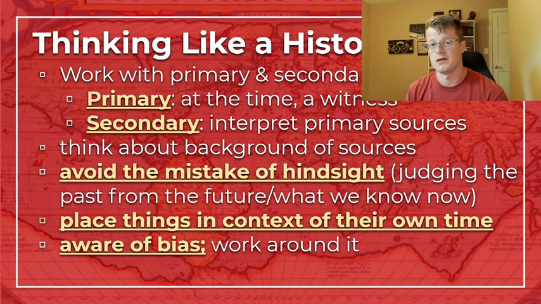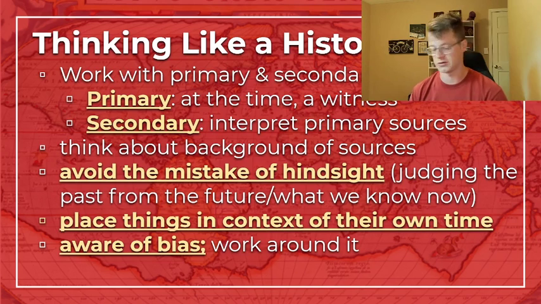Source-wise, historians like writing a lot. They're addicted to writing, basically. But there are two kinds of sources you need to be aware of. There are primary sources, which come from people who witnessed something, like a diary or a newspaper. As opposed to a secondary source.